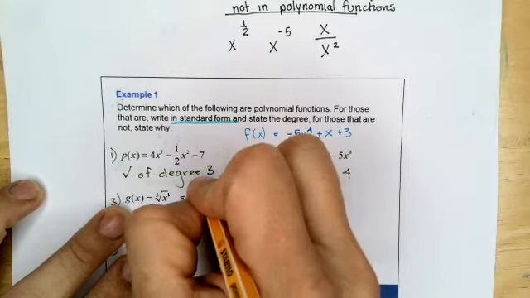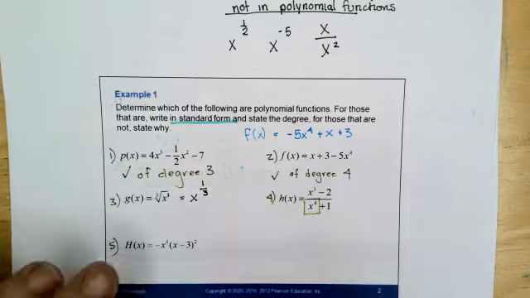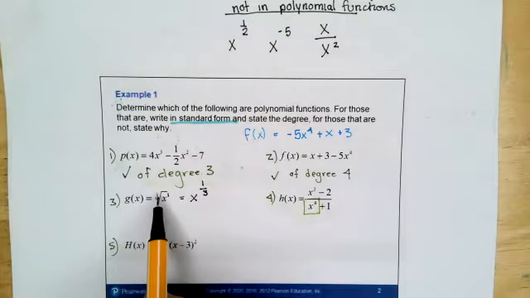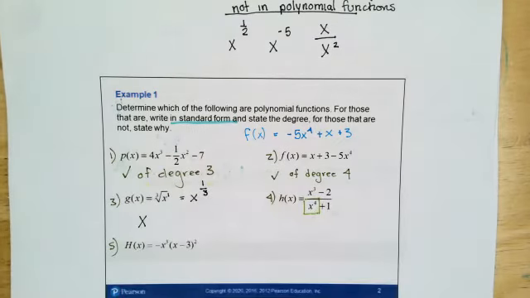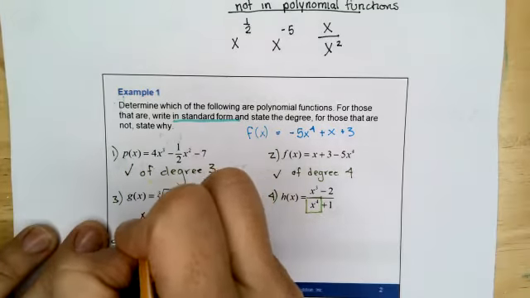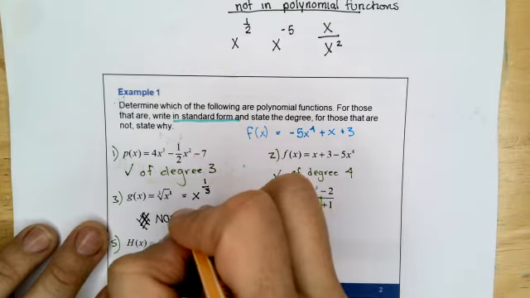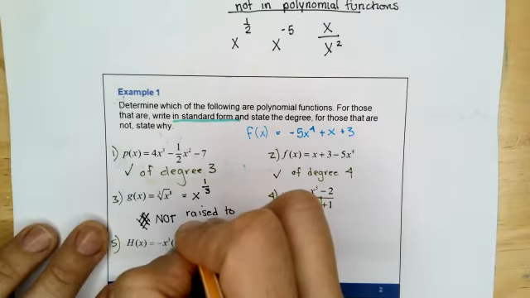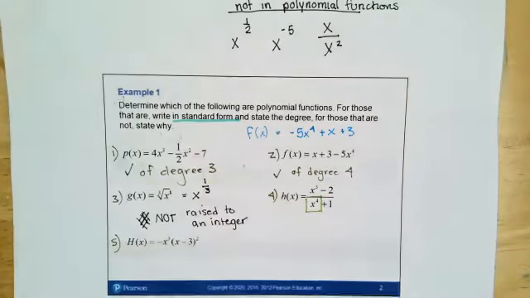So this is actually x to the power of 1/3. That is not an integer, right? 1/3 is not an integer, it's a fraction. So because it's the cubed root of x, it is not a polynomial function. I can't just write x. I'll just write it's not a polynomial function because my exponent is not an integer. An integer is a whole number, not raised to a fraction.